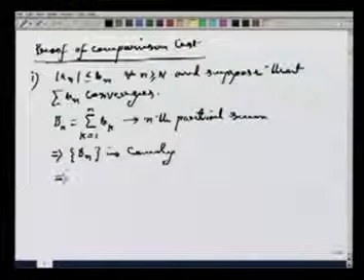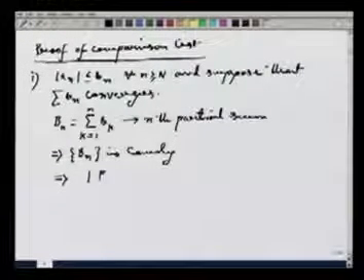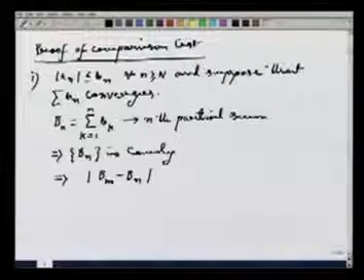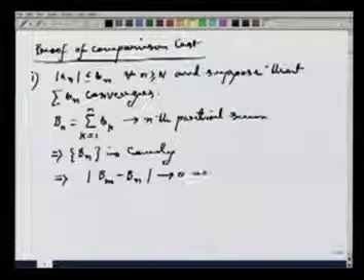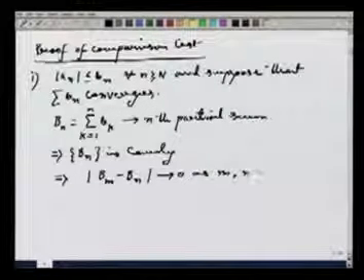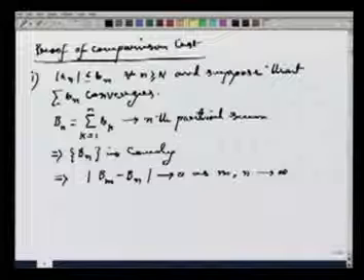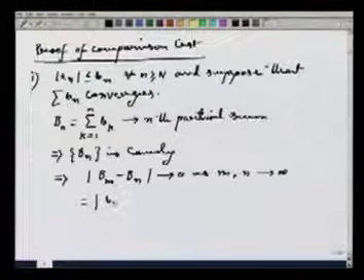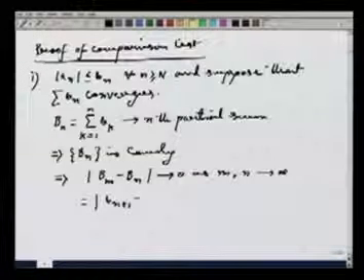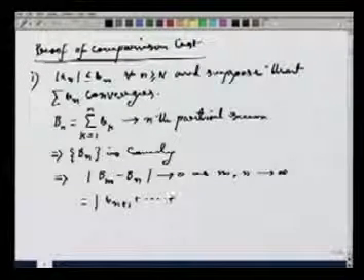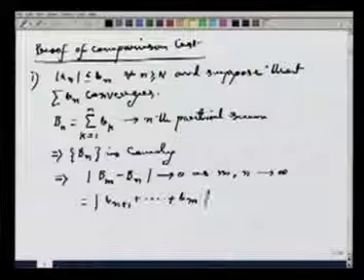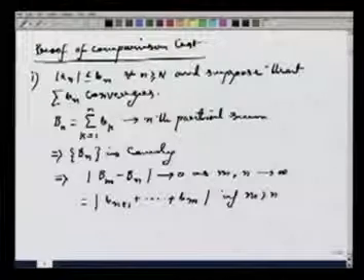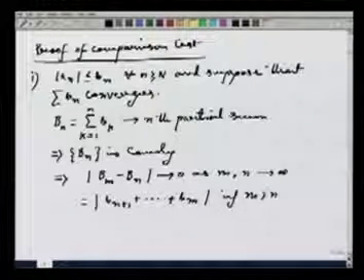This would then imply that modulus of Bm minus Bn goes to 0 as m, n goes to infinity. Now notice that this quantity is nothing but modulus b n plus 1 up to bm if m bigger than n. If m is less than n, then the roles of m and n are getting interchanged.